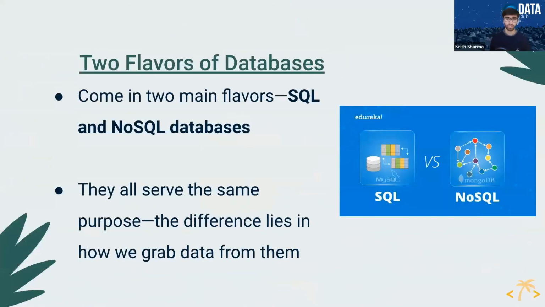Within the umbrella of databases, there's two main flavors. There's SQL and NoSQL databases, and we'll get into the differentiation between these, but they generally serve the same purpose, which is to store your data and have you be able to access it at any point. But the way we access it is what really differs between these two approaches.